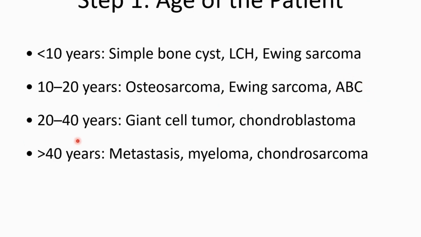In 20 to 40 years of age, giant cell tumor and chondroblastoma are more common. In more than 40 years of age, metastasis is the more common bone lesion as compared to the primary, and multiple myeloma and chondrosarcoma come after metastasis. So these are the tumors seen in different age groups of patients.